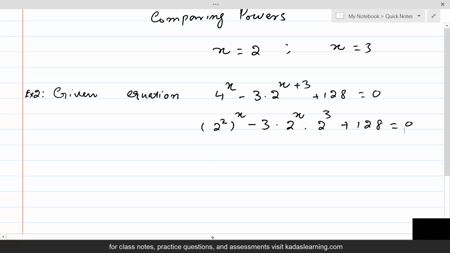So this will give us 2 power 2x minus 3 times 2 power 3, which is 2 times 2 times 2, that is 8, times 2 power x plus 128 equal to 0.